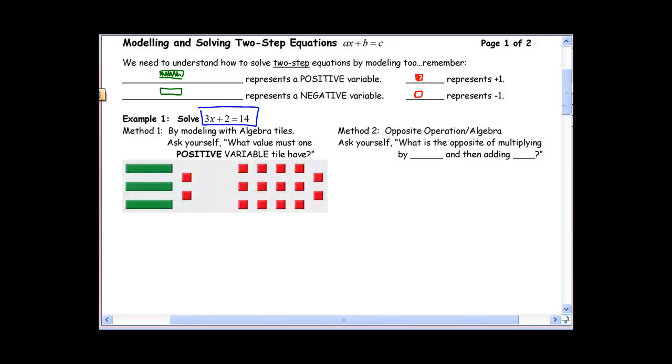So the goal is once again to just have a positive variable on the left side. Well, that just means now I have to remove some stuff. How about removing these 2 red squares? And remember, whatever I do to one side, I must do to the other side.